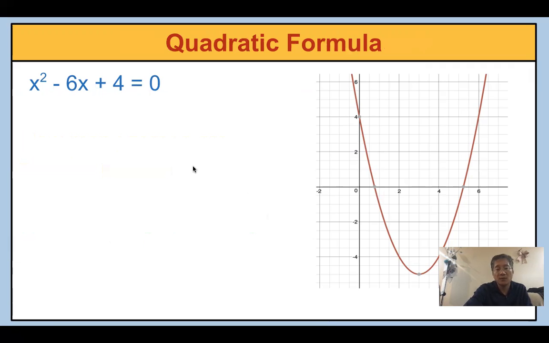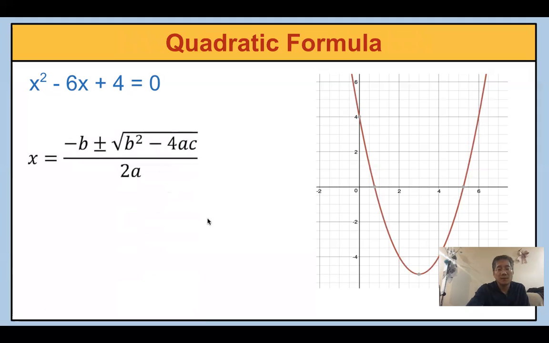So what is the quadratic formula? Is it familiar to you? Yes, x equal to negative b plus minus square root of b squared minus 4ac, over 2 times a. This formula will be given, so you don't need to memorize it, but you better know it. The only thing you should know is what is A, what is B, what is C, and then plug them in and simplify, right?